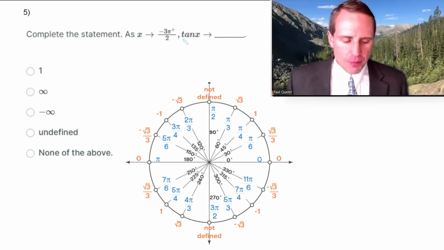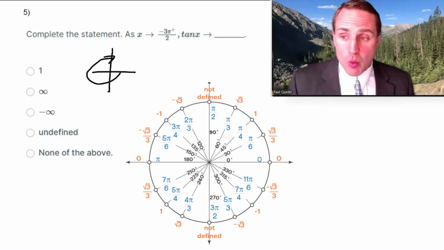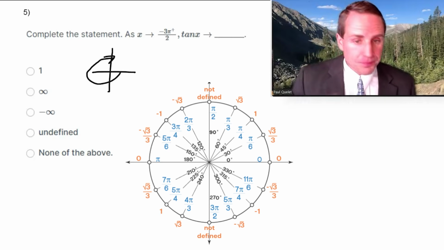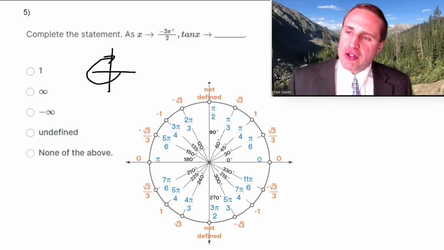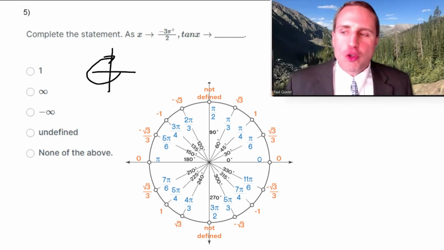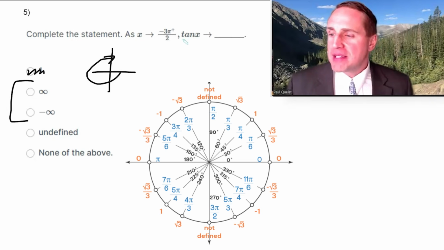So on the unit circle, -3 pi over 2 would be at the top of the unit circle when we go clockwise, in other words, in the negative direction.